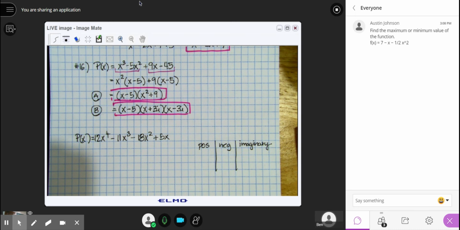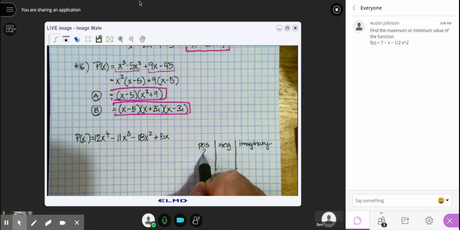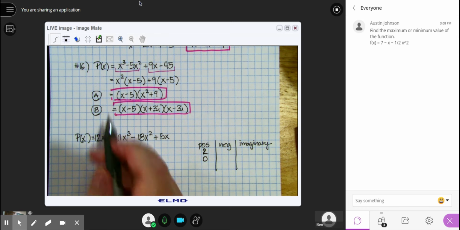And to do that, we used the rule of signs, which says if you go from 12x to the fourth being positive to a negative 11x cubed, that's one sign change. Then it stays negative, then it switches to positive. So as is, we have two possible positive solutions, or it could drop by 2, giving us 0 positive solutions.